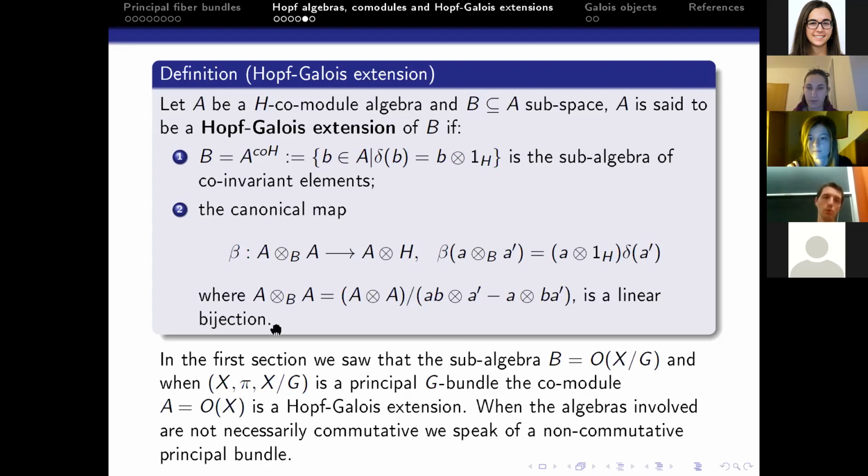Now, if we consider a Hopf-Galois extension for which the algebra A may not be commutative, we define it as a non-commutative principal bundle.